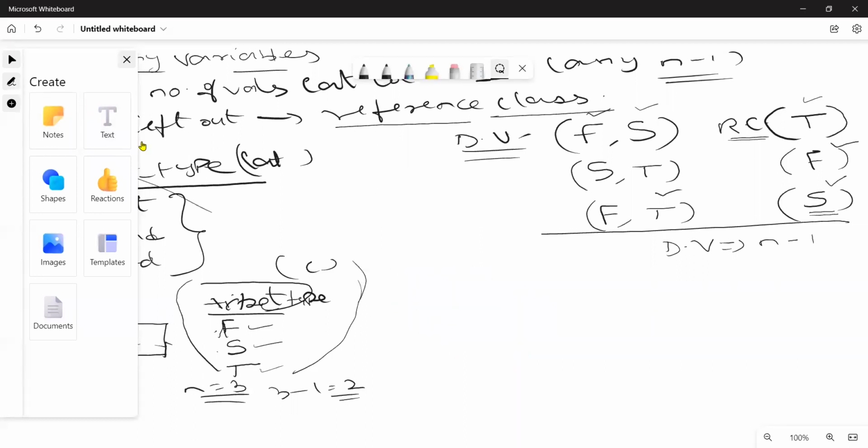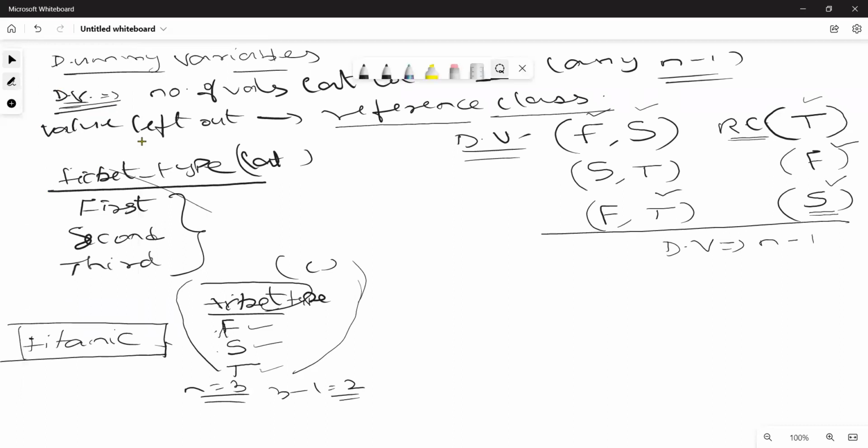Let us consider the same example, and I'm going to draw this matrix.